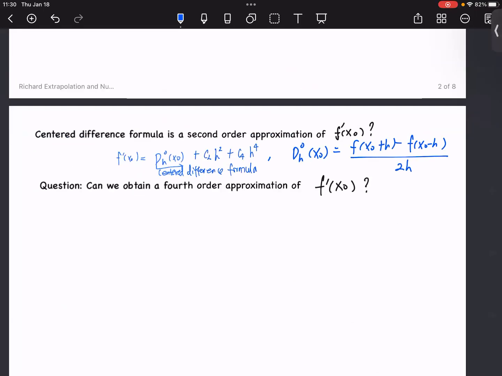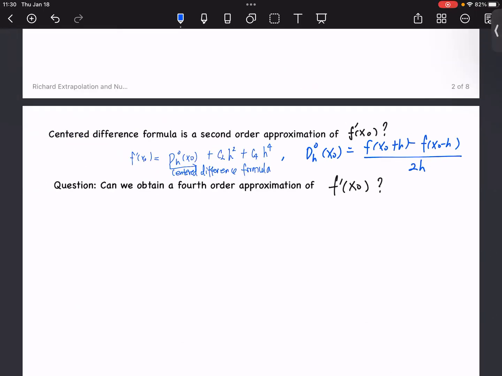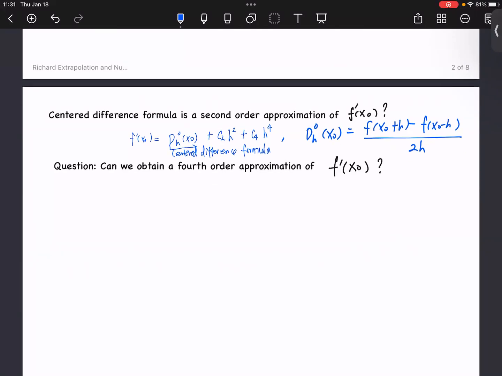And this is the central difference formula. Now we want to use this central difference formula to get the 4th order approximation of the first derivative. So let's see, how can we do this?